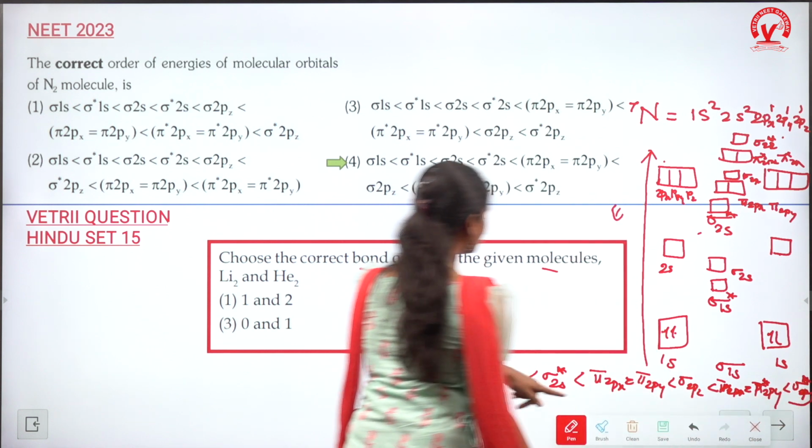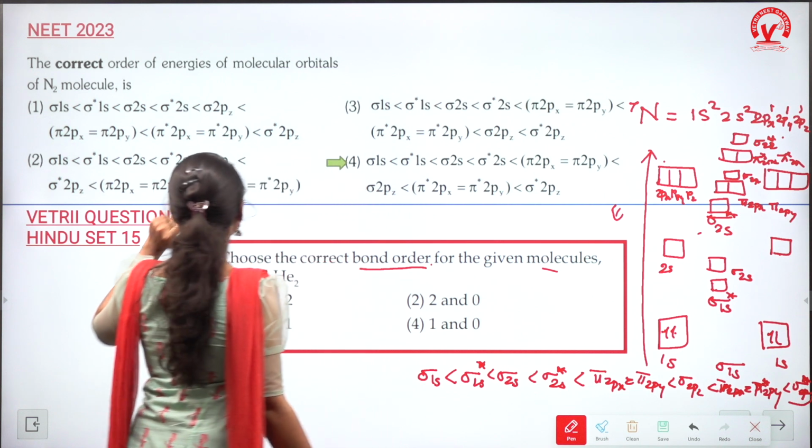This is the correct energy level of N2 molecule.